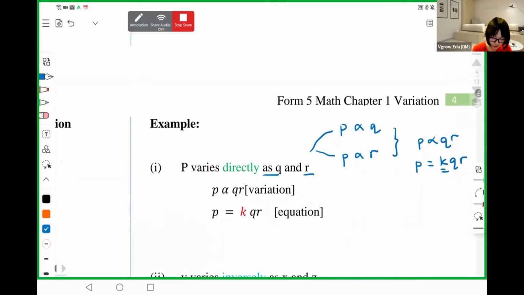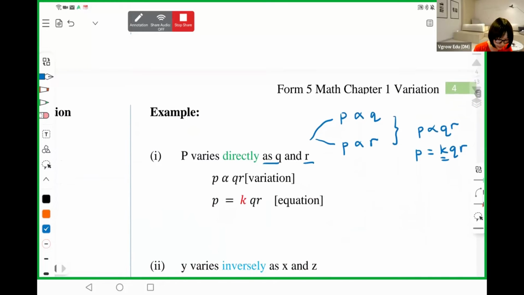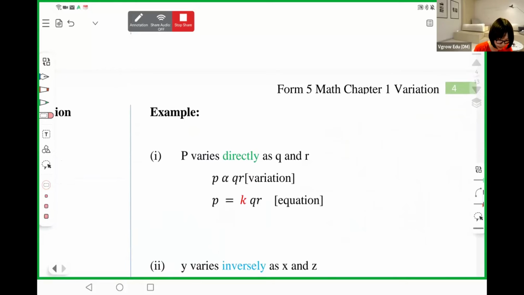Okay. Try the second one. Okay, the second one is there. Y varies inversely as X and Z. Partition it. Of course, during the exam you don't need to partition it. I just want you to have a very clear understanding of the concept.